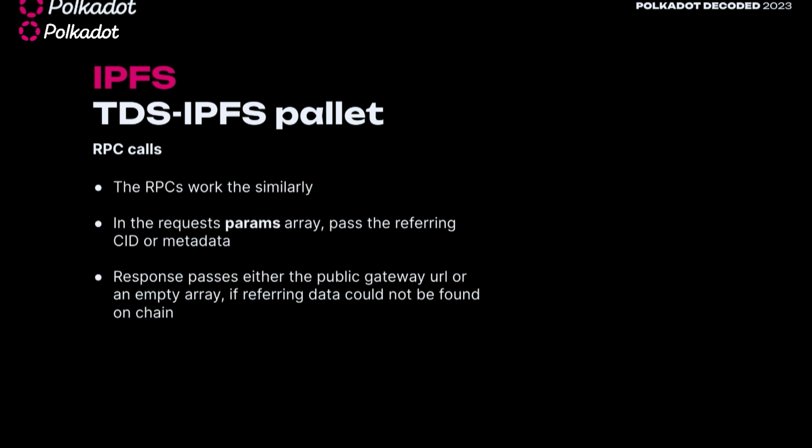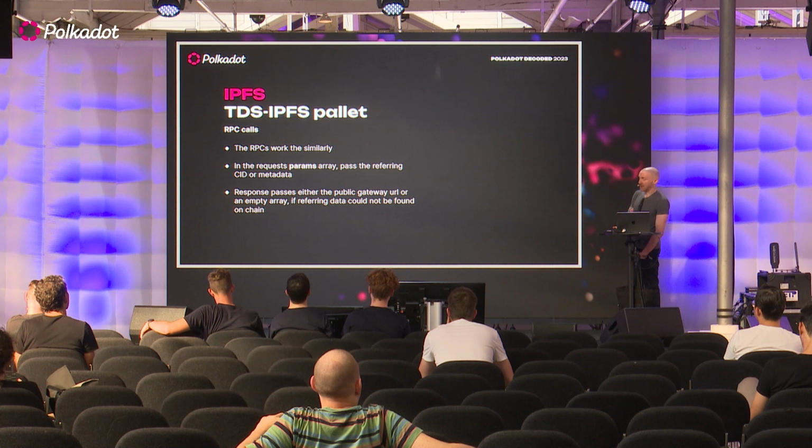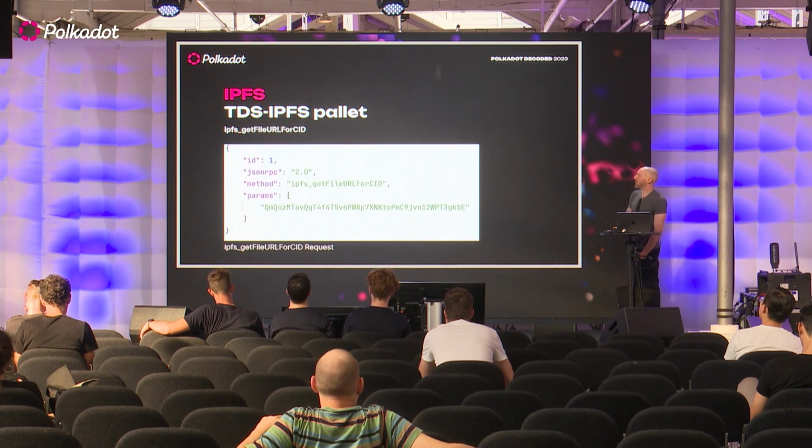Basically, the request is similar for both. You have your params array, you add either the CID or the metadata in, and the response is an empty array if no entry was found. Otherwise, you will get the gateway URL.